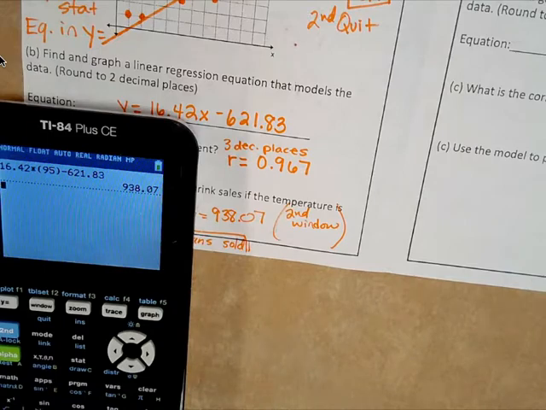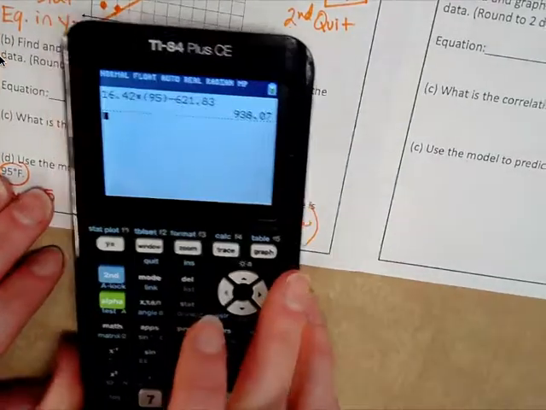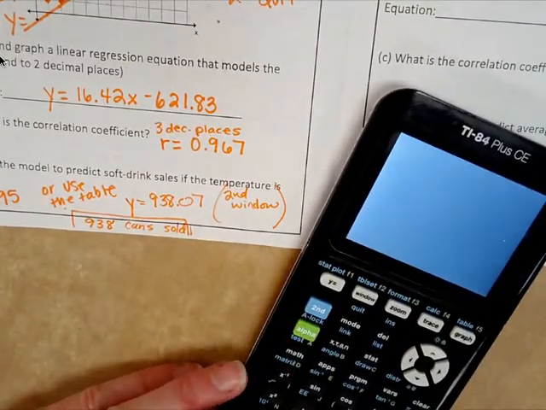Okay, I want you to do example 2 now. So clear out your memory before you begin. Second plus 712.